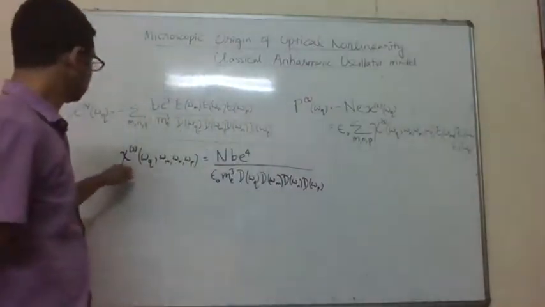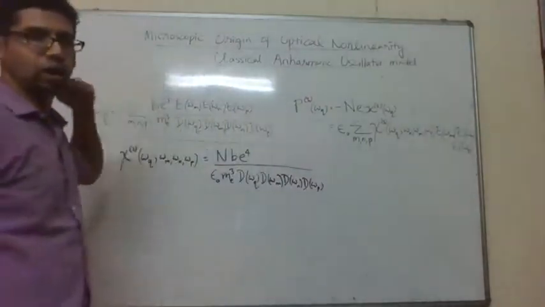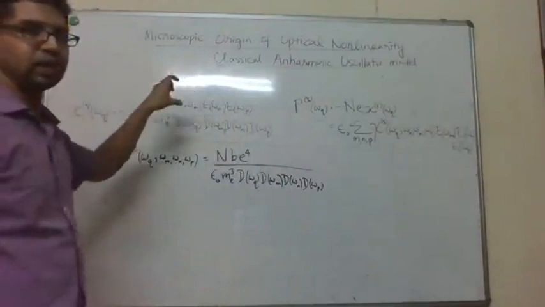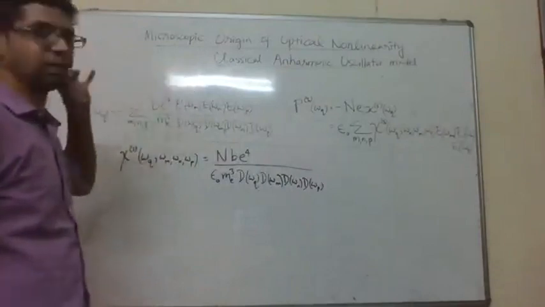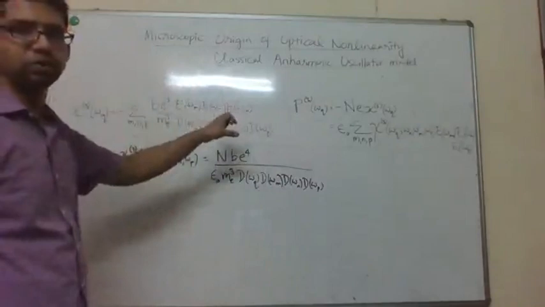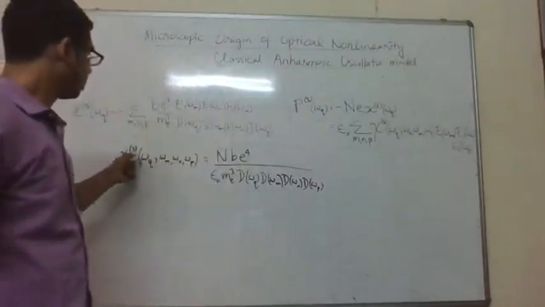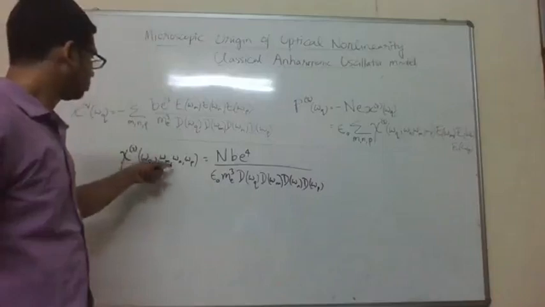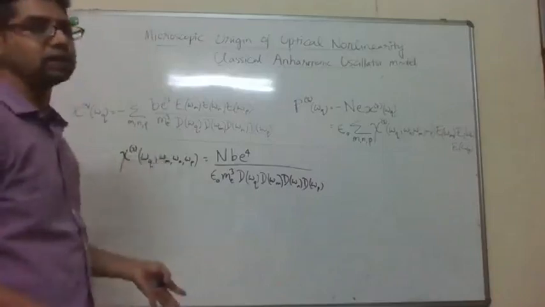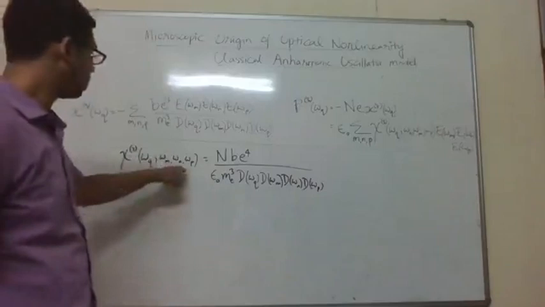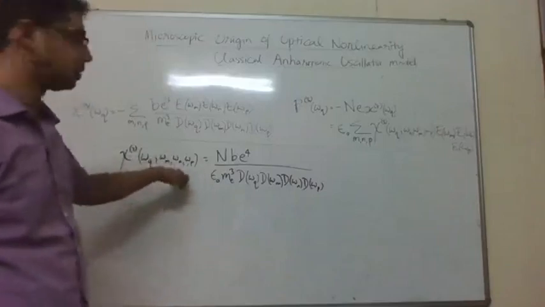Okay, so chi1 was dependent on frequency. It just depended on the frequency of a particular input field. But chi3, if you have three different input fields at three different frequencies, can depend on all three of them.